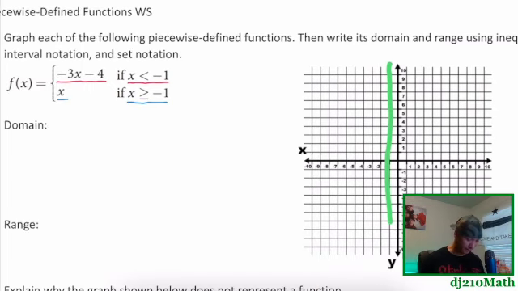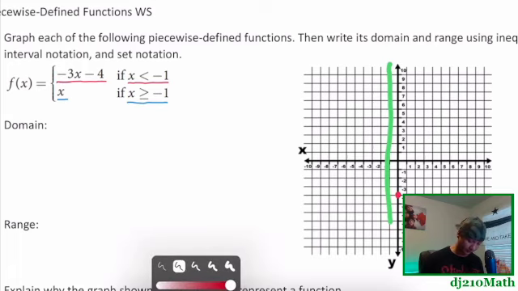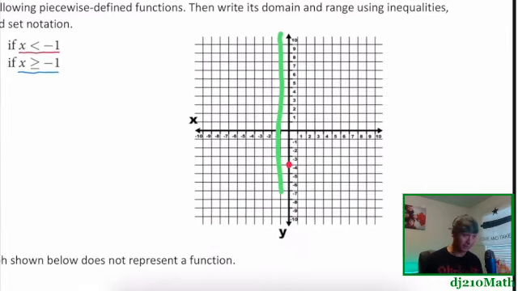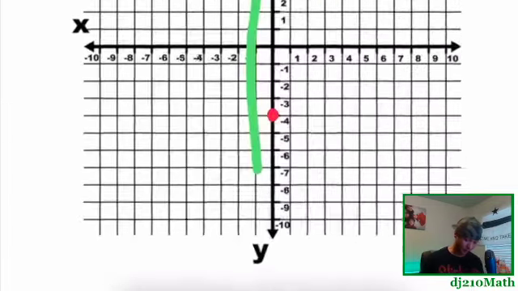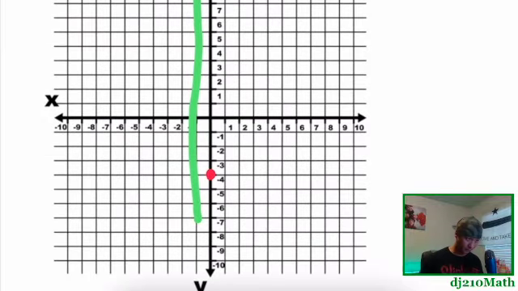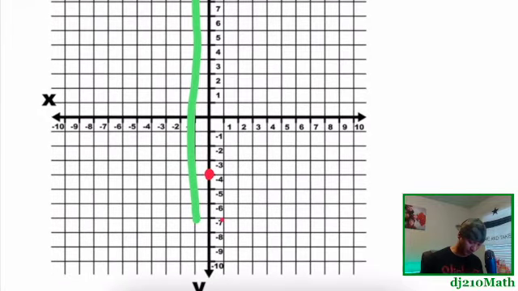For the top one, the y-intercept is negative 4, so at y equals negative 4, it crosses the y-axis. And the slope is negative 3, so down 3 and to the right 1, in both directions.